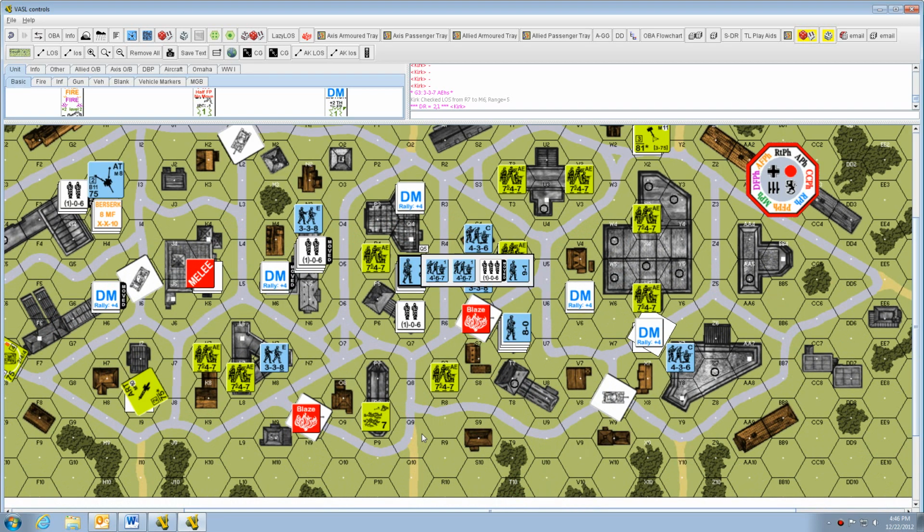Let's see, any other broken? Okay, we have one here in X6. It's adjacent. It's a crew that was broken. It has to route away, or if it can't do it without being interdicted or low crawling. In this case, the crew can move up into X5 to get away from the German unit there in Y7.